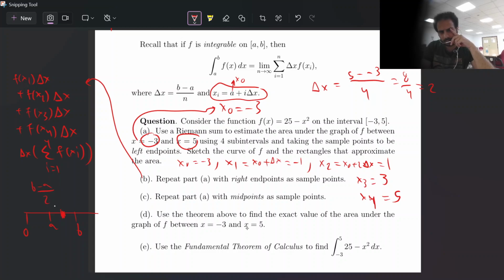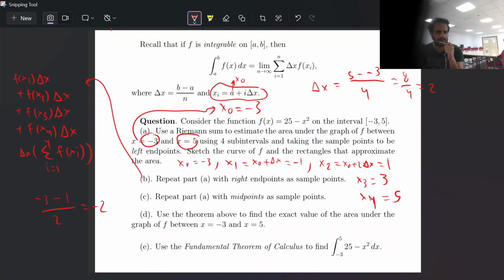So what we want is a plus b minus a over 2. This is the midpoint. But when you add, you get b plus a over 2. So we need to add the two numbers, and then you divide by 2. So let's do it again. The midpoint between x0 and x1 is what? You add them, -3 minus 1 over 2, you get -2.